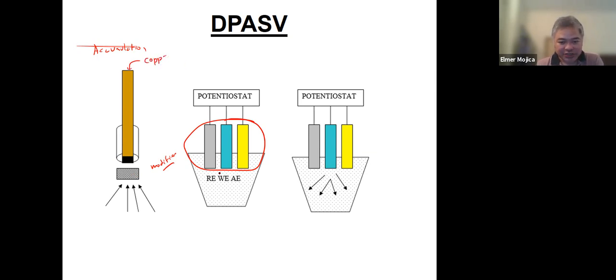And then it was used as the working electrode. So once we do the accumulation, what we do next is the deposition. Okay. And then after the deposition, we do the stripping. So in the deposition, we converted, okay, whatever binds there, and we get the reading out of it. And then when we do the stripping, okay, we converted it again to get the signal that corresponds to the amount of the metal that was there in the modifier.